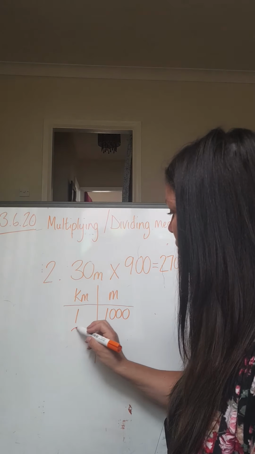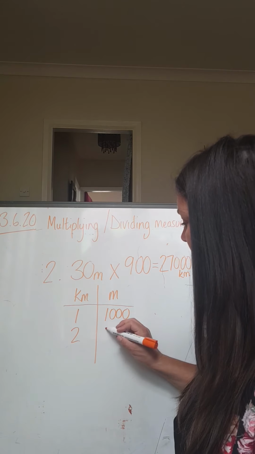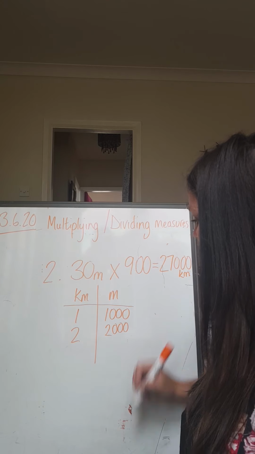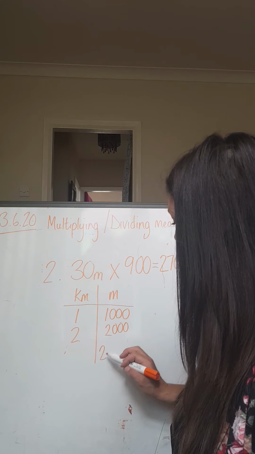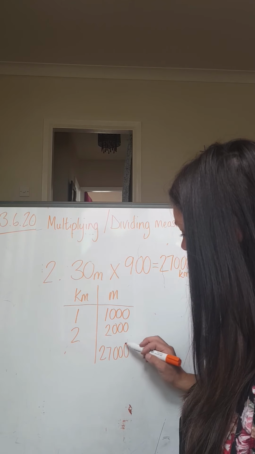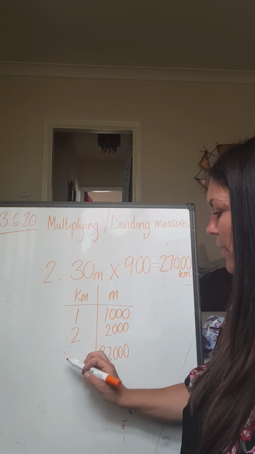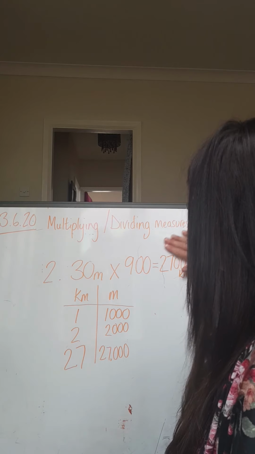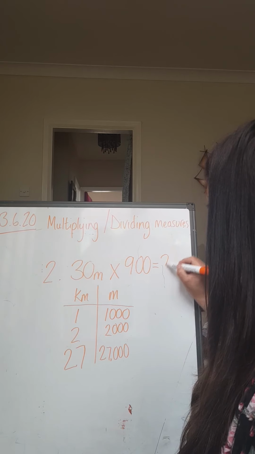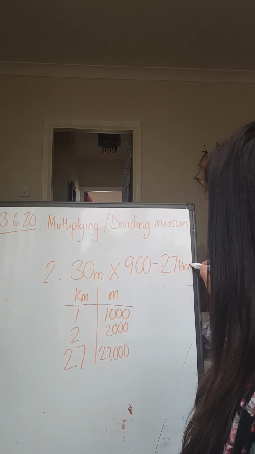So I know 2 kilometers is 2,000 meters. So what would 27,000 meters be? Well, I've worked that out. That would be 27 kilometers. So that's going to be the answer for question number 2, 27 kilometers.